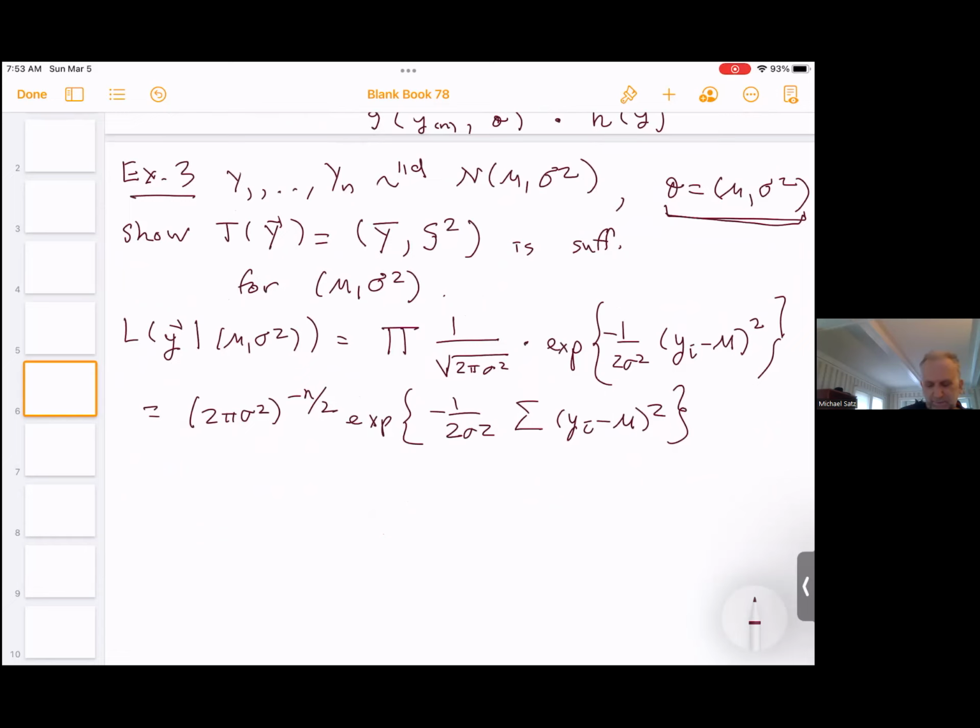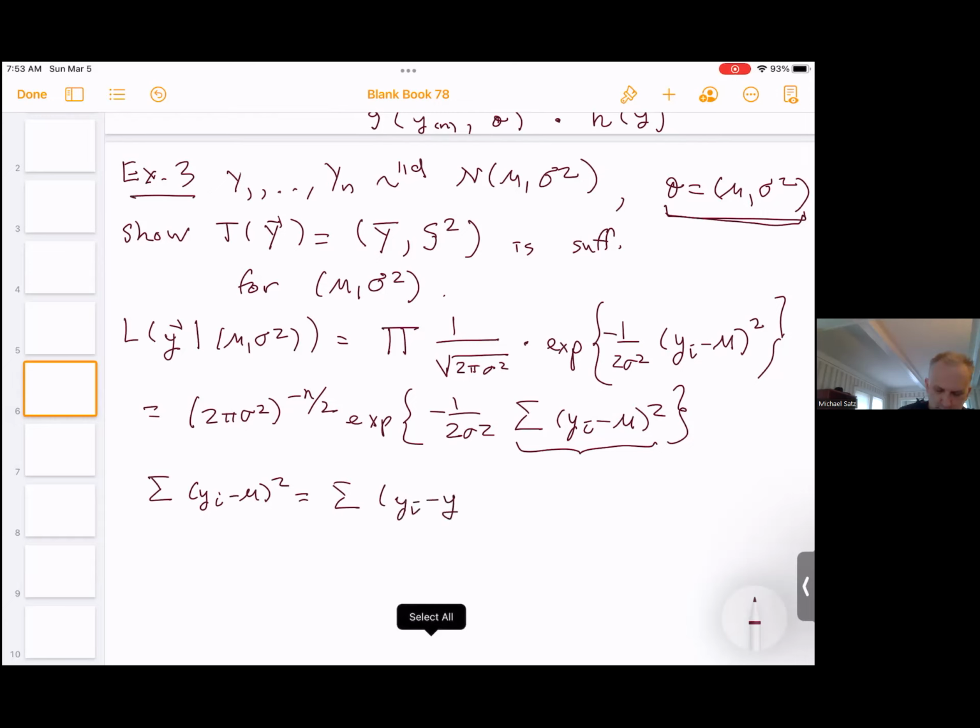We do something we've done before with this now. Let's take this outside so we don't have to write everything. So if we take this sum here, and let's add and subtract y bar to it.